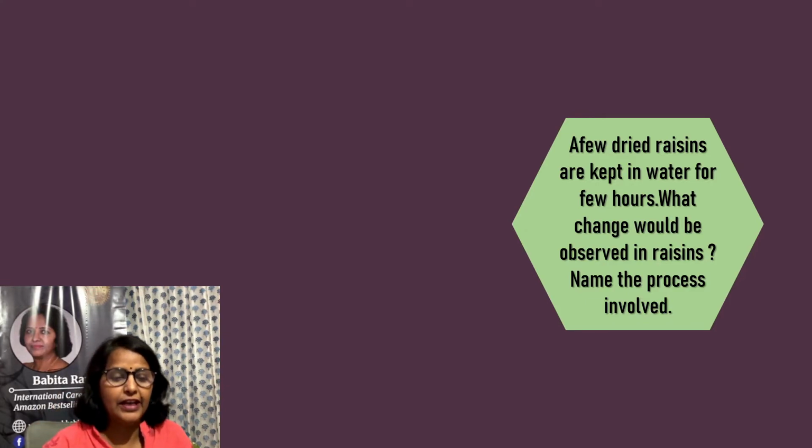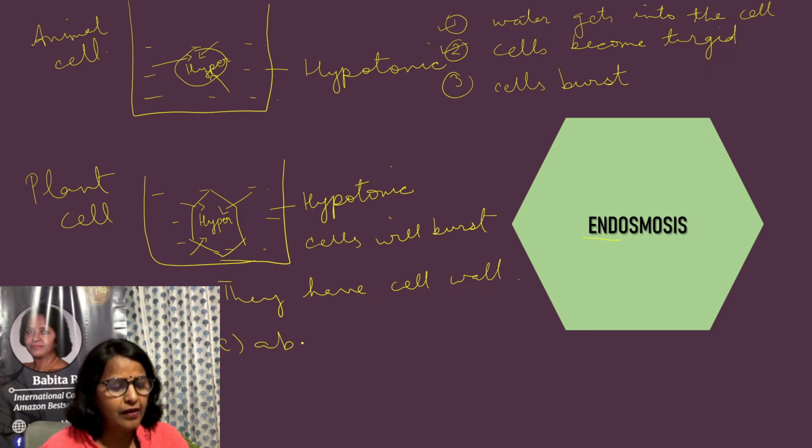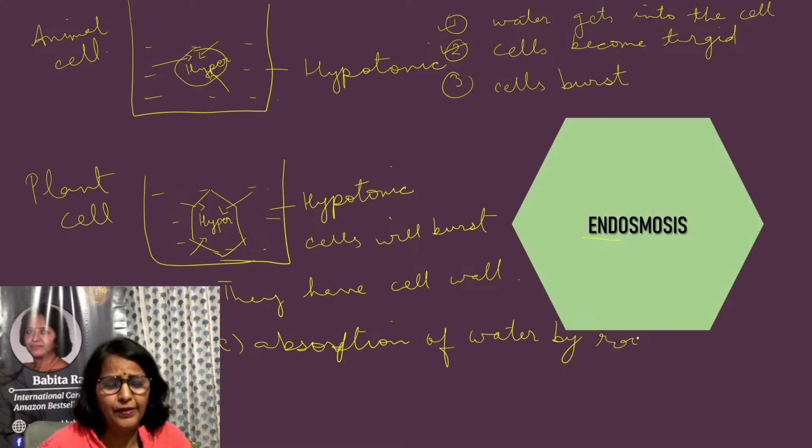One example that you might have seen or heard of is water getting into small plants, that is, absorption of water by roots takes place in small plants due to osmosis.